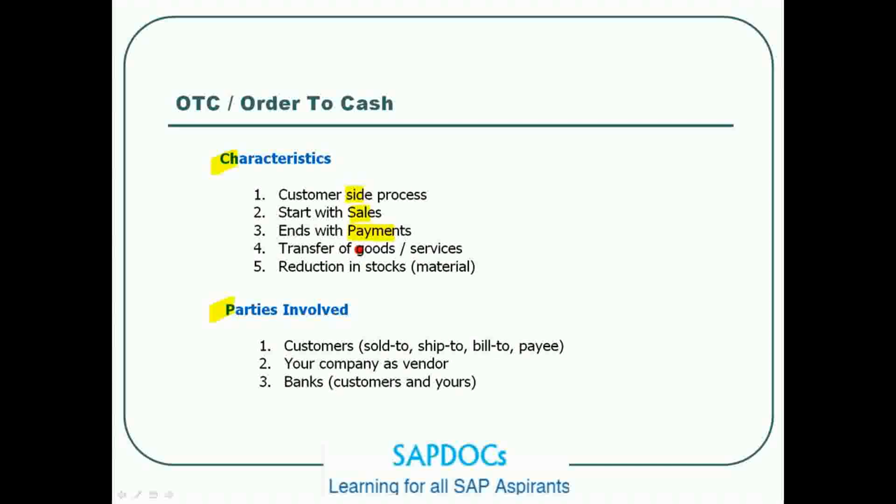There is a transfer of goods and services, and there is a reduction of stock on the supplier side. And the parties involved in this process, you have the sold to, shipped to, billed to, and payee. And your company acts as a vendor. And then the last party is the bank. They belong to customer and you.